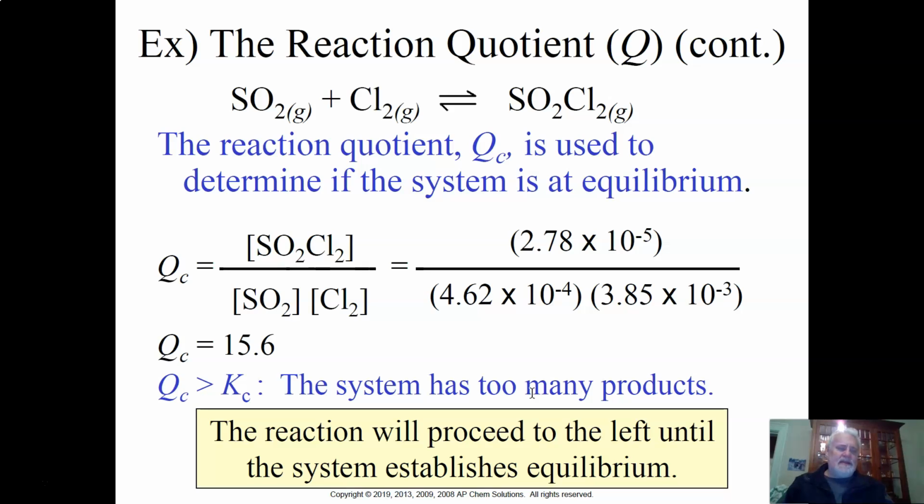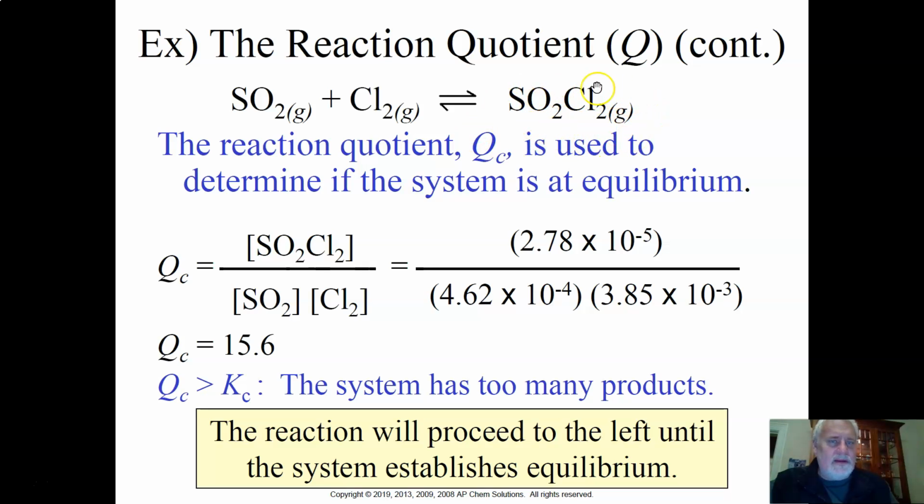The system is heavy on the right, and it will compensate and get back to equilibrium by moving to the left. Given this system at these conditions Q, it will sort of right itself, if you will. So the reaction will proceed to the left until the system reaches equilibrium. And that, of course, is when those rates are the same, going backwards and forwards.